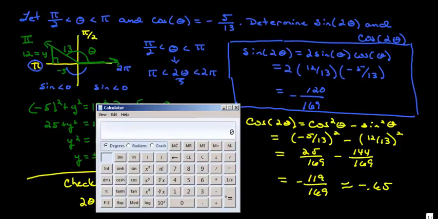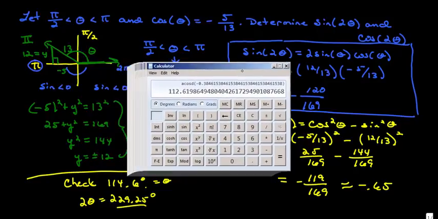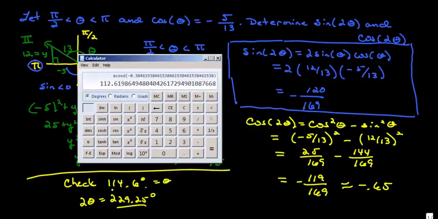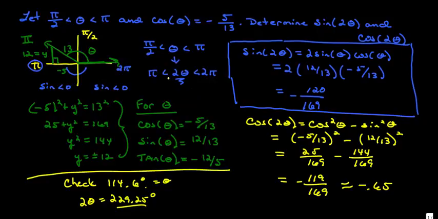So we have negative 5 over 13. I'm wondering if I put a 12 down there when I did this. Our cosine gives me 112. Oh, there it is. So 112.61.